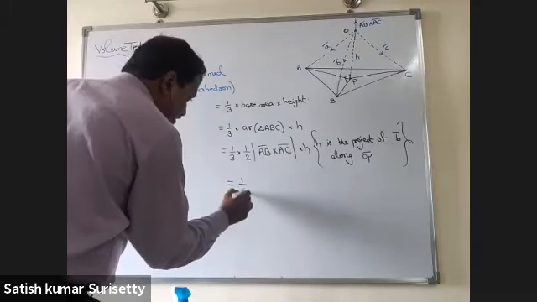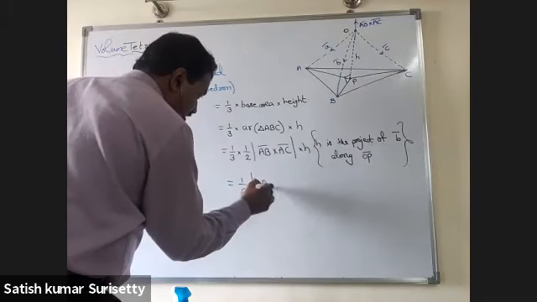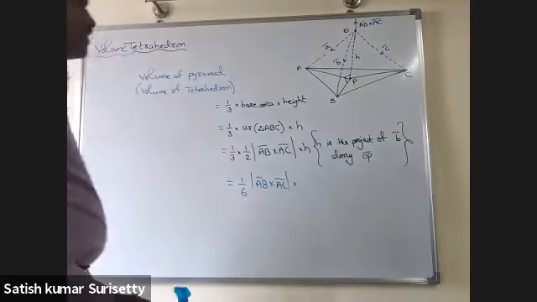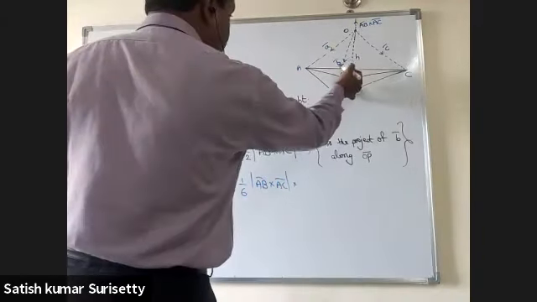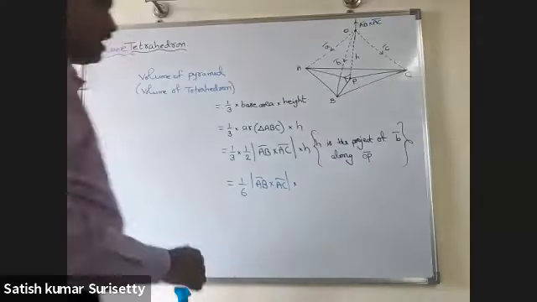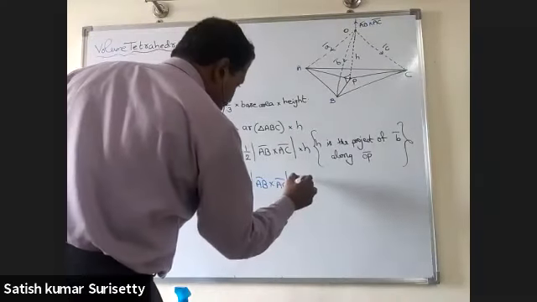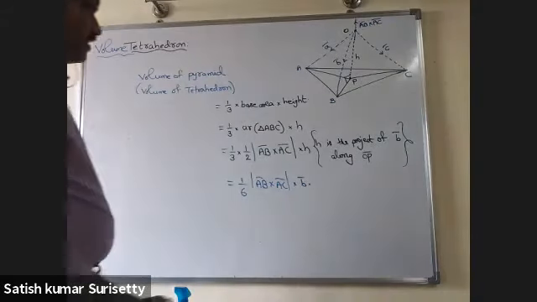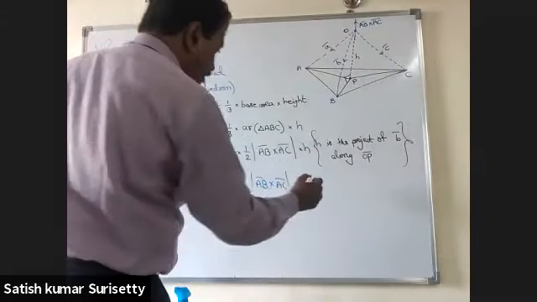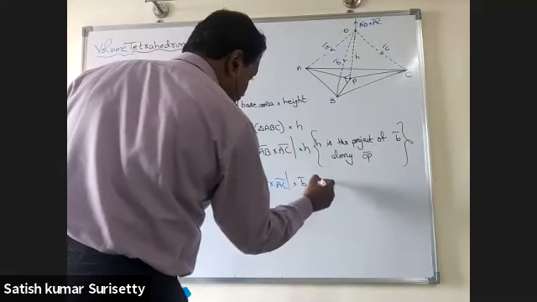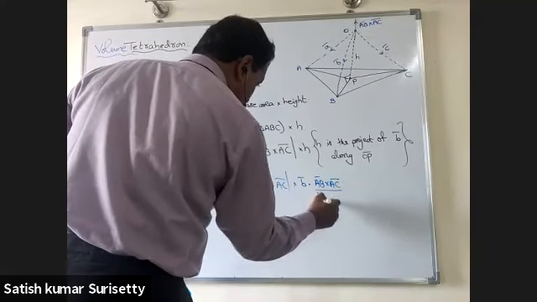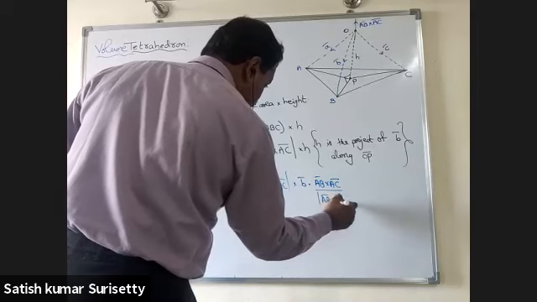So 1/6 modulus of AB bar cross AC bar into height, which is projection of B bar along OP bar, that is B bar dot unit vector. The unit vector in the direction of OP bar is AB bar cross AC bar upon modulus of AB bar cross AC bar.